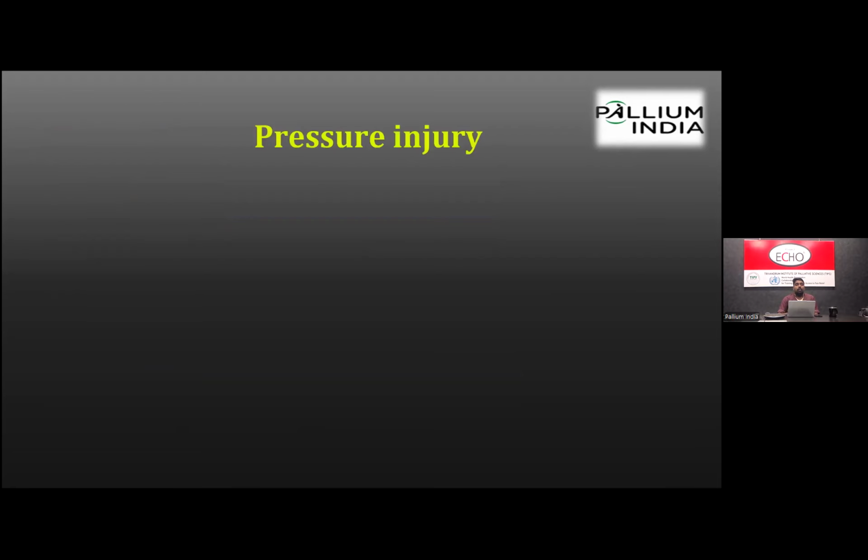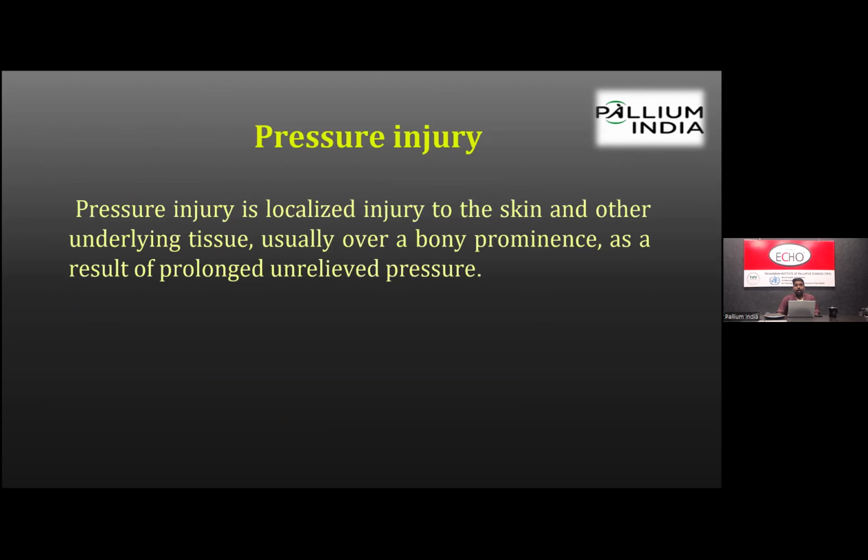First of all, pressure sore. Nowadays, we call it a pressure injury. Why do we call it an injury? An injury happens accidentally, not as an infection. Here also, it's a preventable thing.